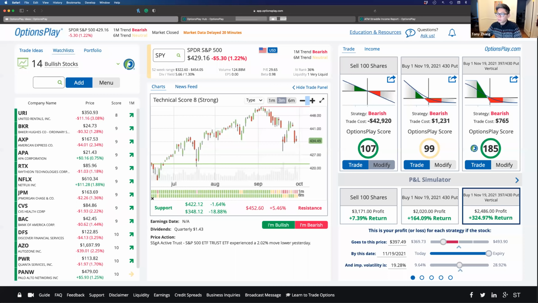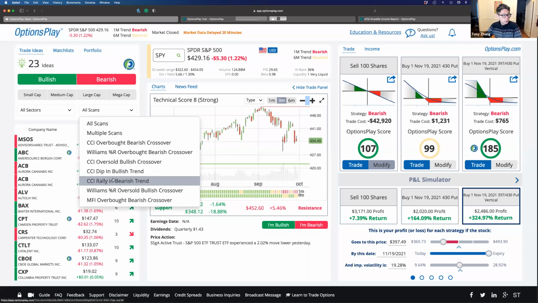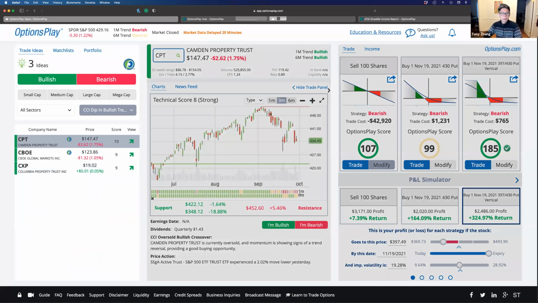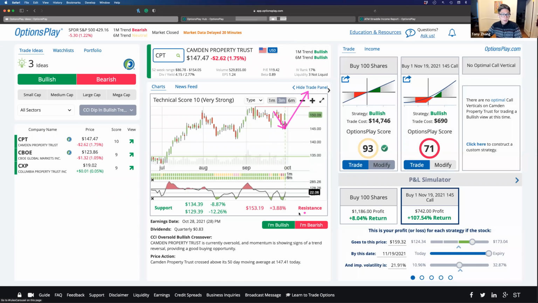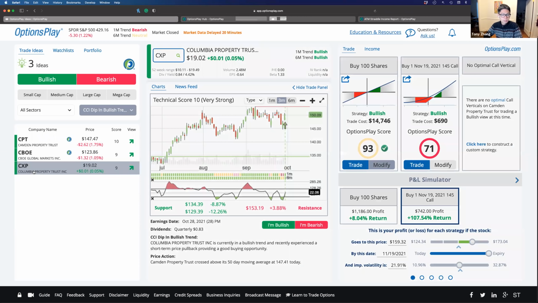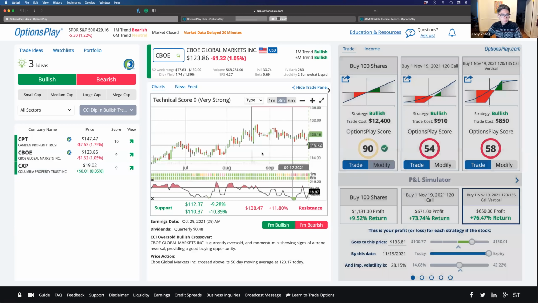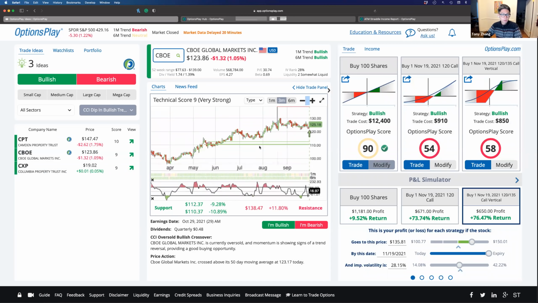Is there a filter to check stocks for making a pullback? So we have scans that are basically, for example, a dip in bullish trend. These are stocks that are trending higher, have pulled back, and are now trending higher again. So we do have some of these scans built in. These are stocks that have pulled back in a larger, broader trend.